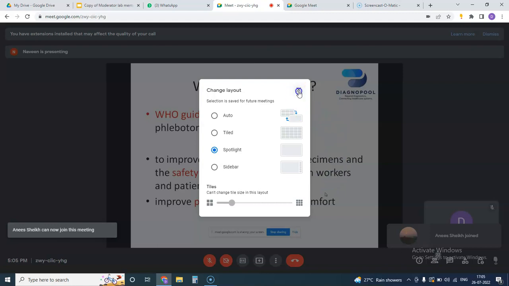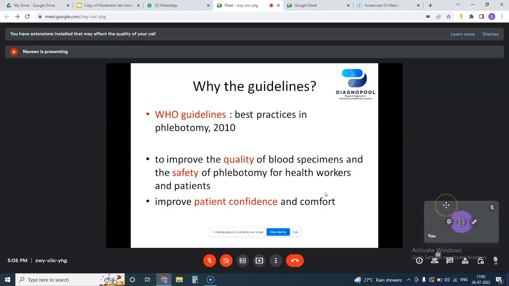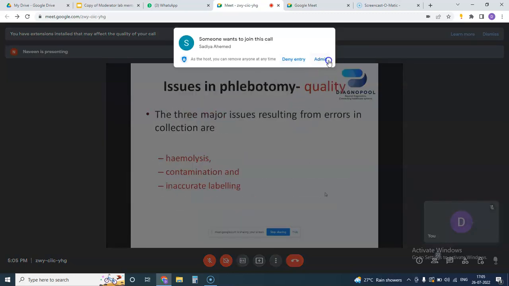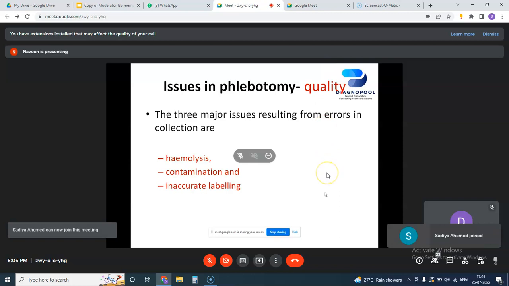So thereby increasing and improving the patient confidence and comfort. In many healthcare services, our aim is to deliver good patient care, and that's why these guidelines will be helpful to follow, so that the errors will be minimized.